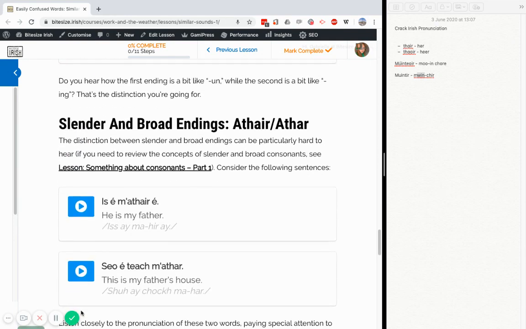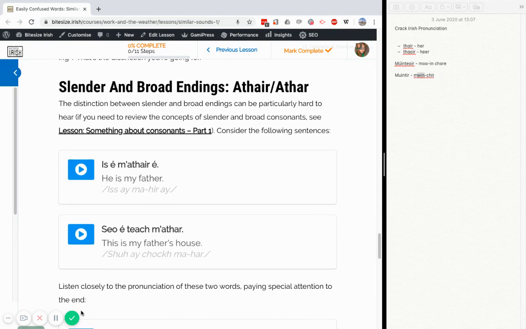So now we're going to move on to slender and broad endings. For this, we're going to look at the word athair. So athair in the nominative has a slender ending.